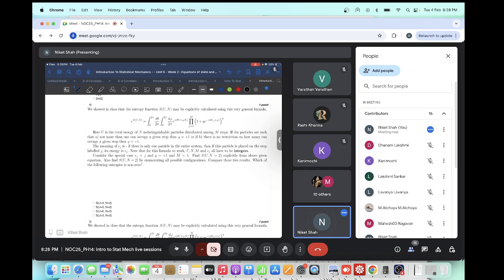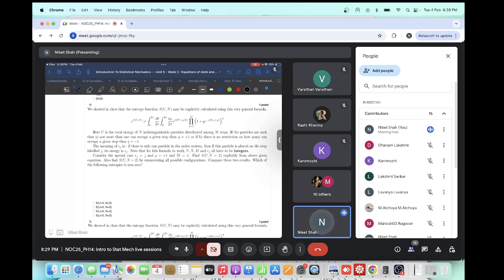If the particles are such that not more than one can occupy a given step, then Q is plus 1. If there is no restriction, then Q is minus 1. We know that these are the two boson and fermion cases. The meaning of epsilon j is if there is only one particle in the entire system, then if this particle is placed on the step labeled j, then its energy is epsilon j. We know the meaning of all the terms, so we don't need to get into this.